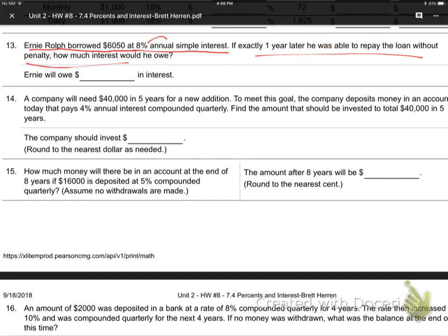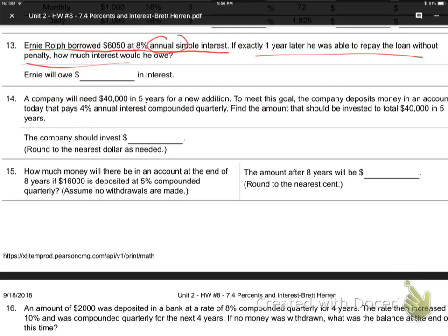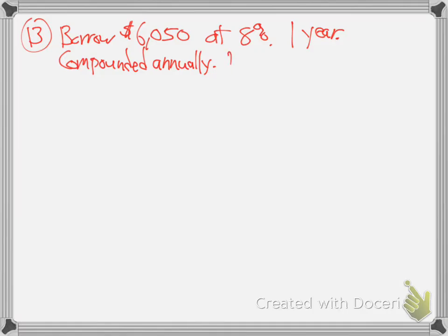And it says annual interest, so the money is compounded annually. And then how much interest is their question. Okay. How do we do this?